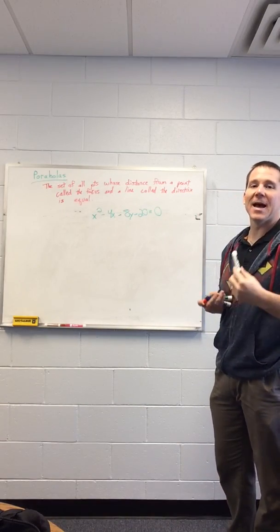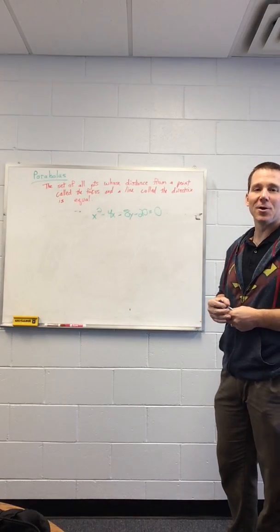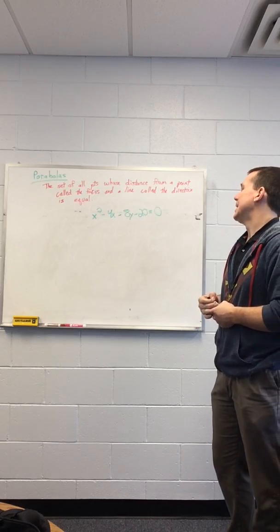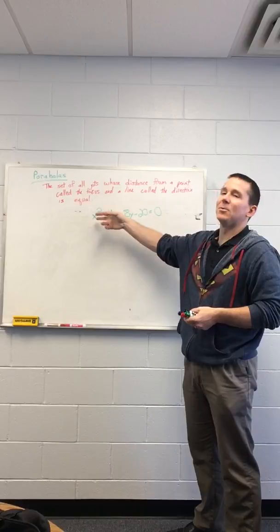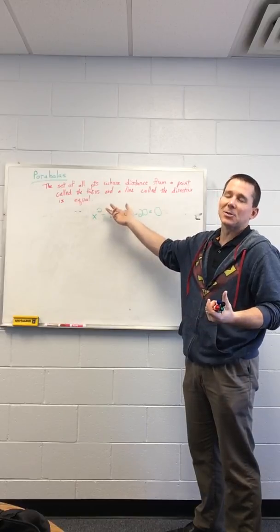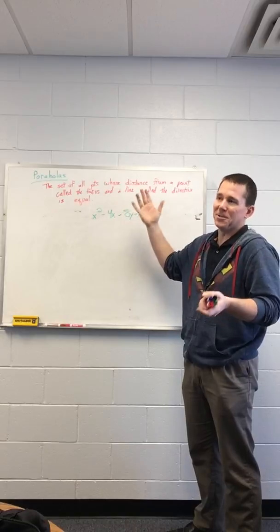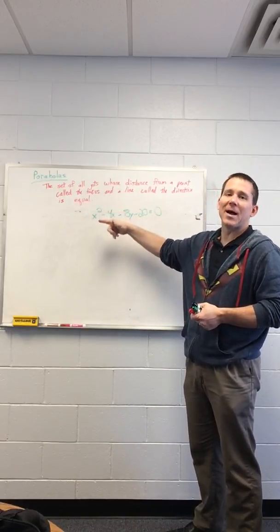I want to identify that really quickly. We talked about ways to determine from an equation like this if you have a hyperbola or an ellipse. In this case, for a parabola, x and y are linear and then only one of them is squared. That tells you it's a parabola. If x and y are both squared, it's going to be an ellipse or a circle or a hyperbola or something. Since only one of them is squared, it's a parabola.